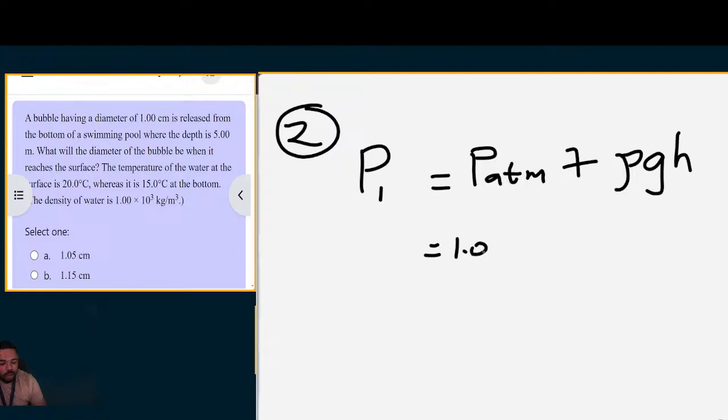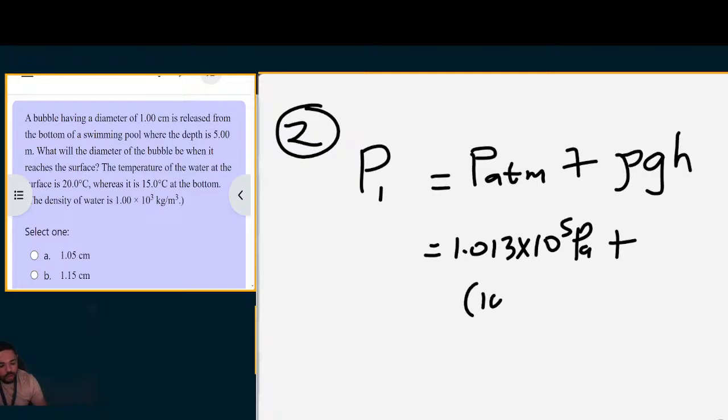This is 1.013 times 10 to the 5 pascals, plus, that is the atmospheric pressure in pascals, plus 9.8. The density is 1,000. I'm going to write it here.